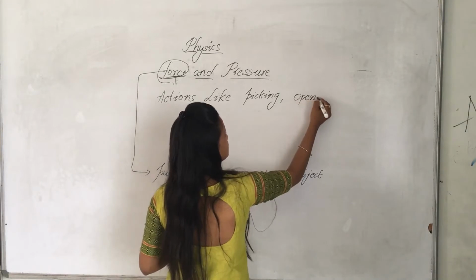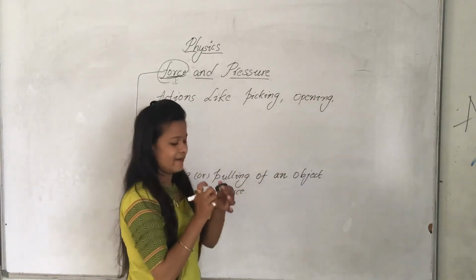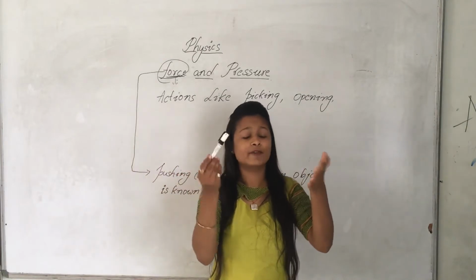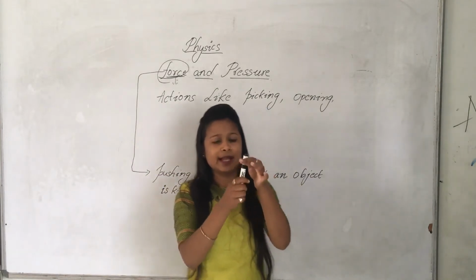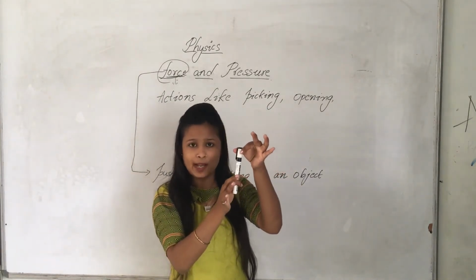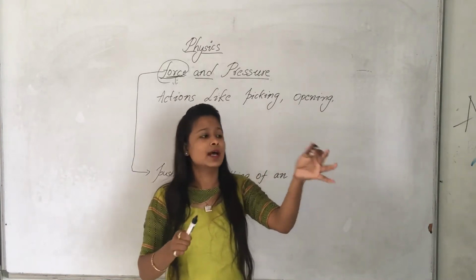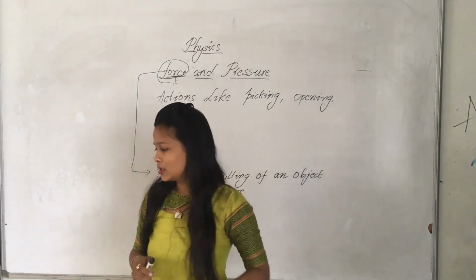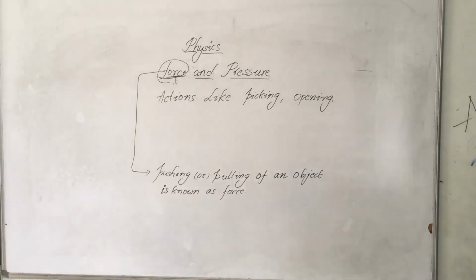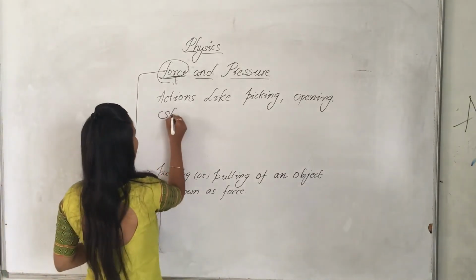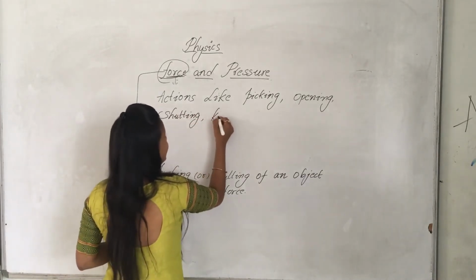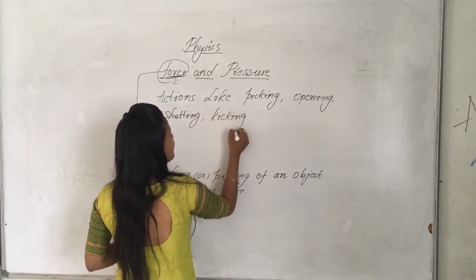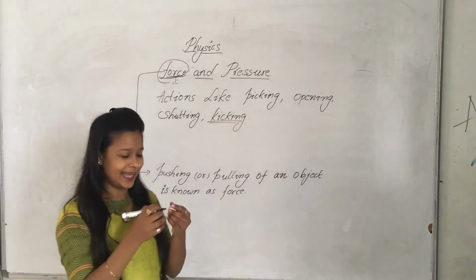Opening. Suppose I have closed this and I want to open it, and what am I applying? I am applying some force to open. If this force is not in a correct manner, like if you are applying the force just a little bit, can I open it? No. We have to apply the force as needed to open a marker. Right? Can I say that actions like picking, opening, shutting, kicking, you are kicking a football, a live example from games, right?